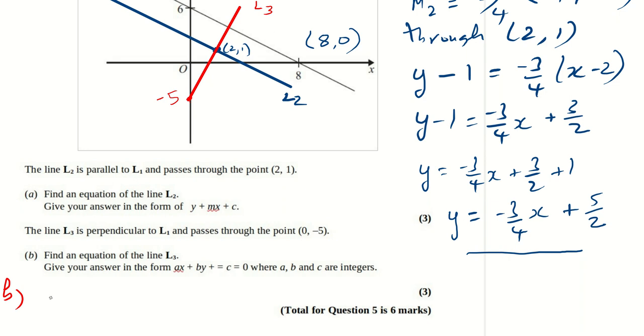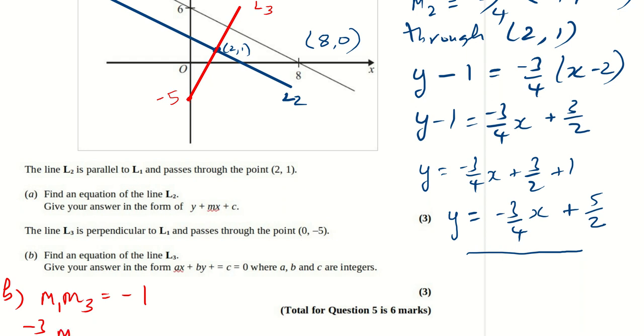So let's have a look then. The first thing we need to do is to work out what the gradient of L3 is. Now, because it's perpendicular to the lines L1 and L2, the product of the gradients has got to give minus 1. And I could have written 1 or 2 here, because 1 and 2 are parallel, they've got the same value of m. So the value is minus 3/4.